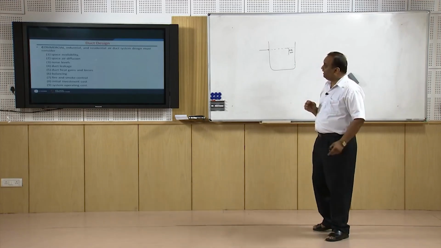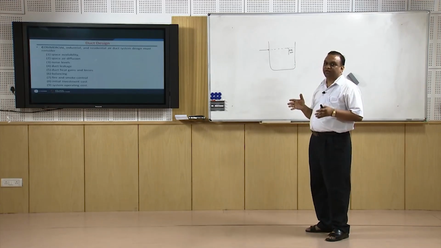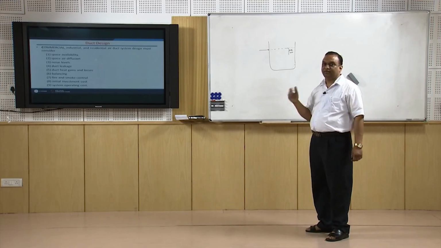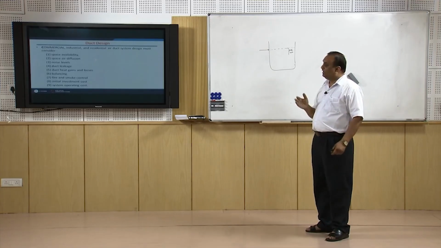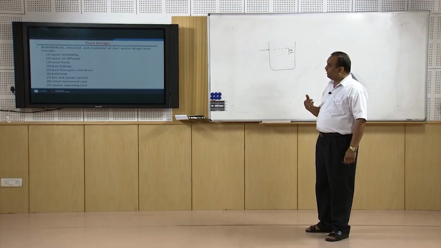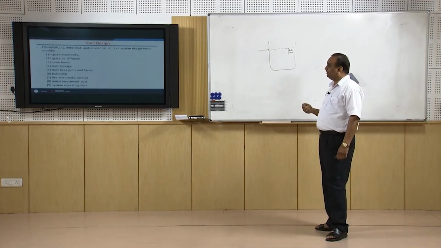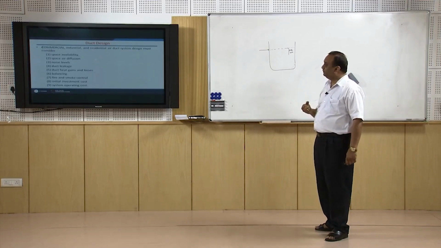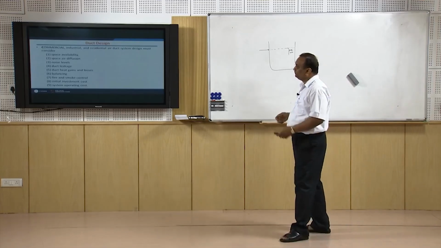On the other hand, if we maintain a lower velocity, that is also not recommended. If a very low velocity is maintained inside the duct, the size of the duct will increase, and for low velocity ducts, other problems like stale air shall also come into the picture.